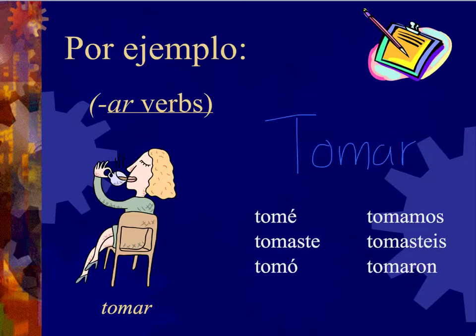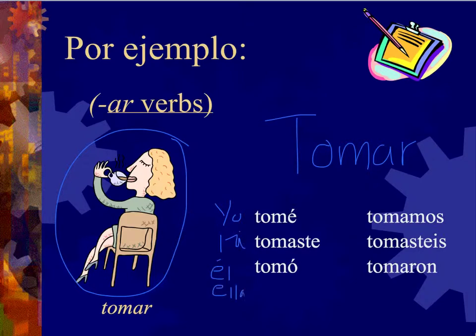Okay, por ejemplo, tienen el verbo tomar. Okay, tomar. Ella tomó el té. She drank tea, past tense. Yo tomé, tú tomaste, él, ella, usted tomó, nosotros tomamos, and ellos, ellas, ustedes tomaron.